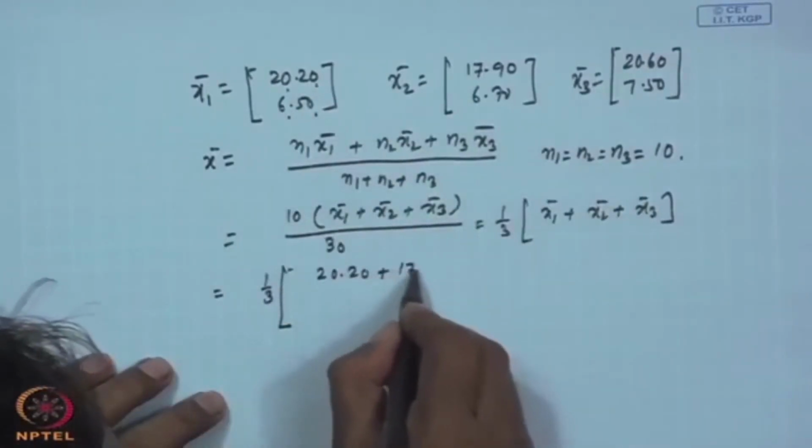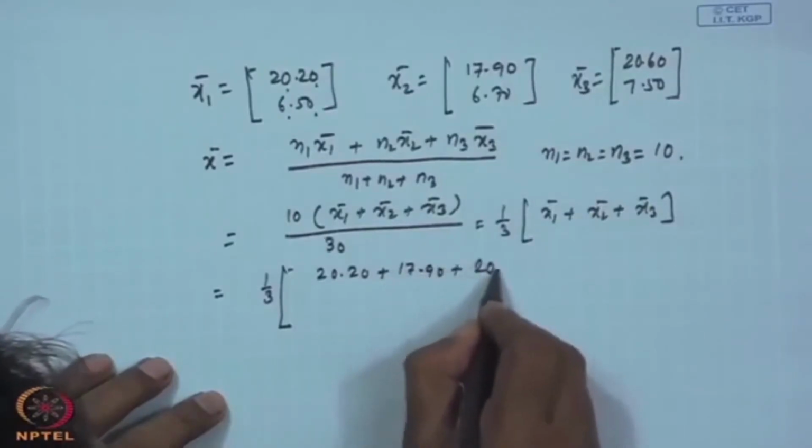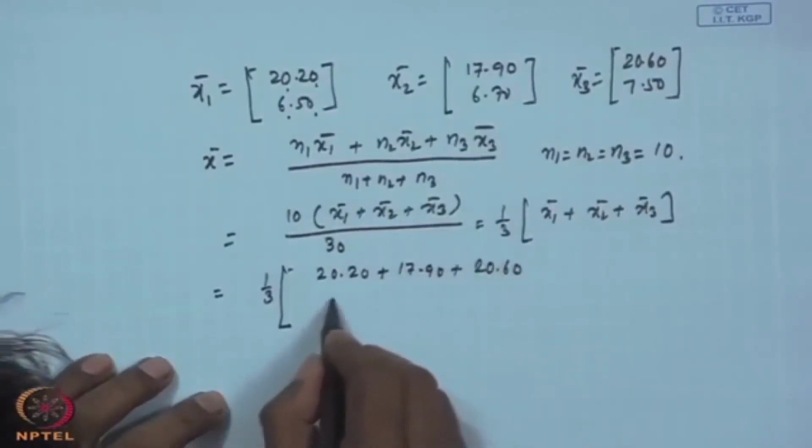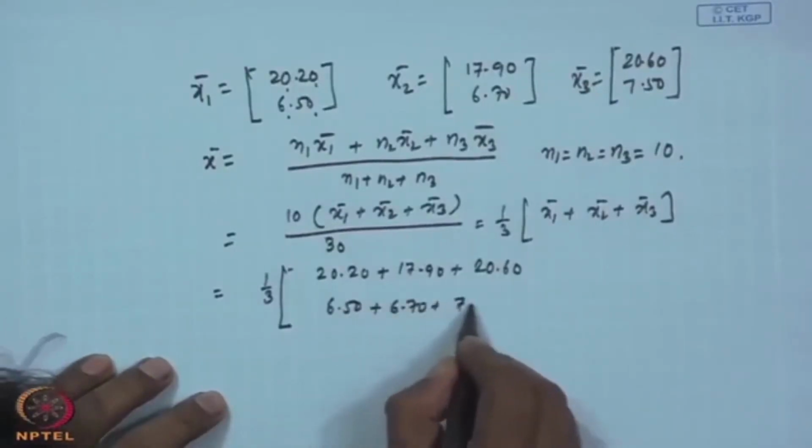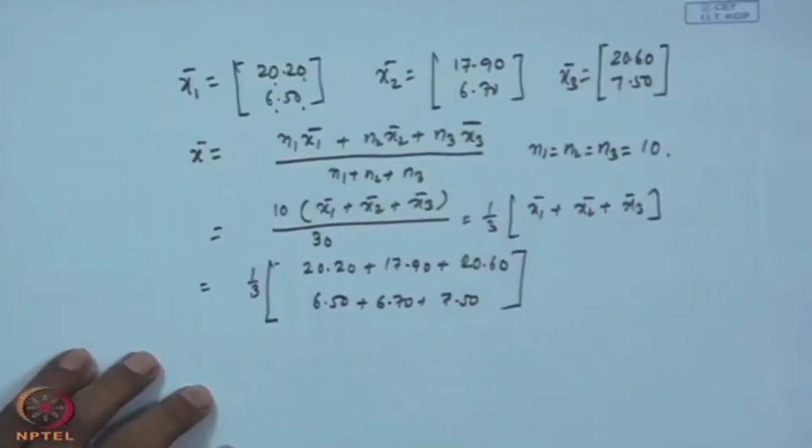1 by 3, first component: 20.20 plus 17.90 plus 20.60; second one will be 6.50 plus 6.70 plus 7.50.